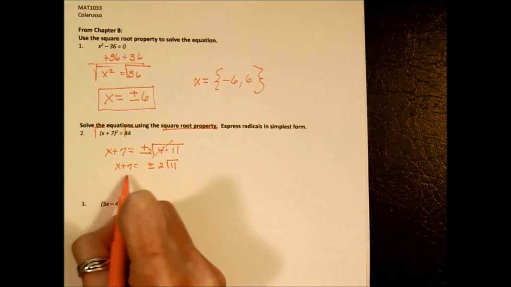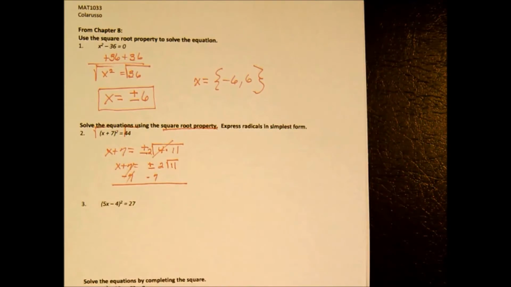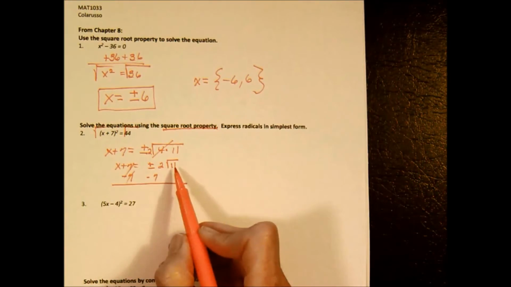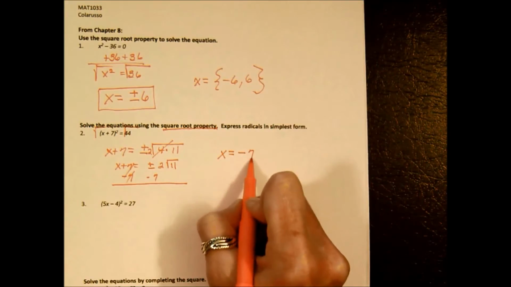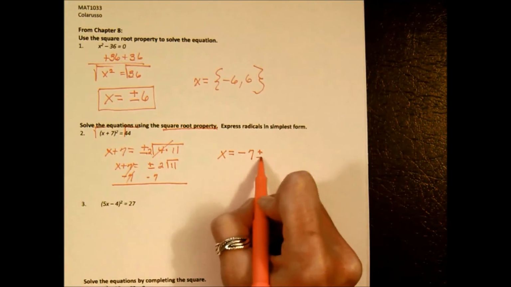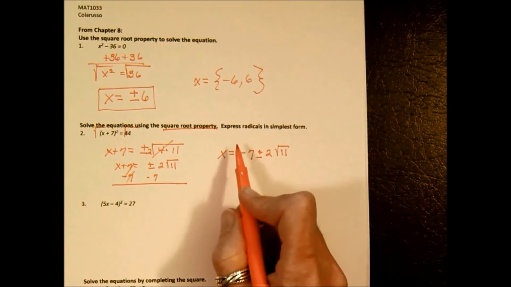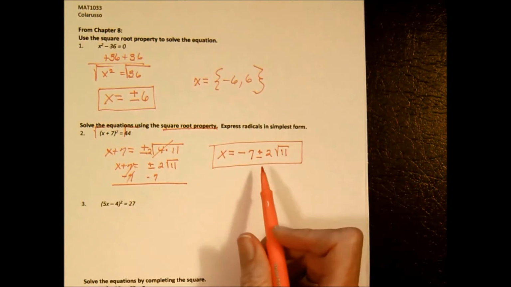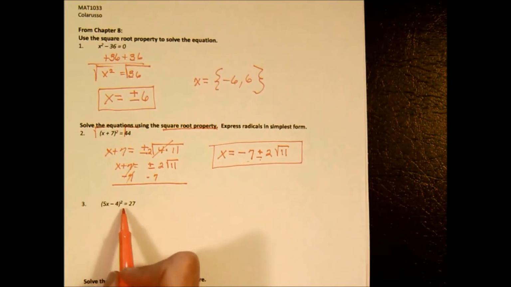And now to solve for x, I have to subtract a 7. And this is where you have to be careful how you write this. The 7 can't combine with 2 radical 11. Those aren't like terms. So you get x equals -7, just written out front, plus or minus 2 radical 11. I cannot put those together and call it -5 radical 11. They are unlike terms. But I still have 2 answers because I have -7 plus 2 radical 11 and -7 minus 2 radical 11.